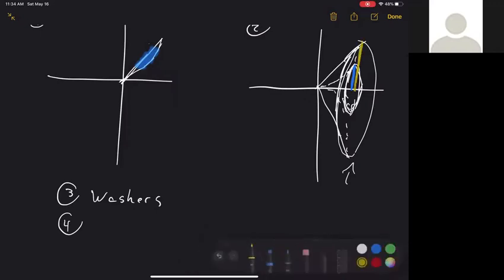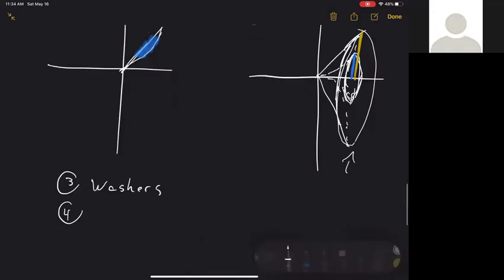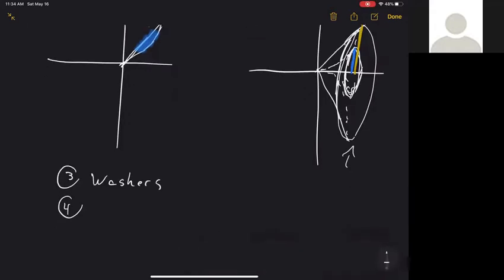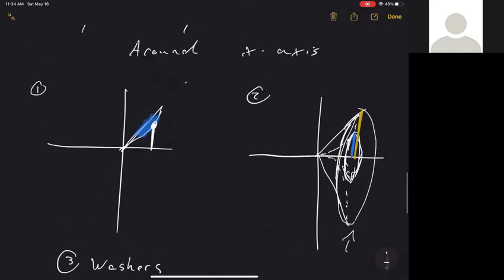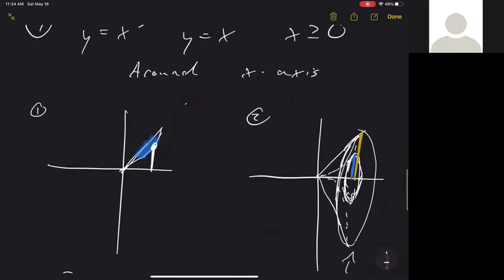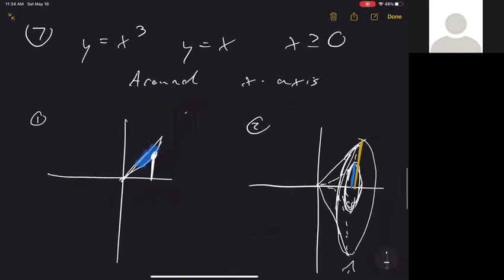So what are these distances? That blue line is the distance from the x-axis. If we go to this 2D object, it's the distance from the x-axis to this curve, right? The y-coordinate, so we need that y-coordinate at that point.